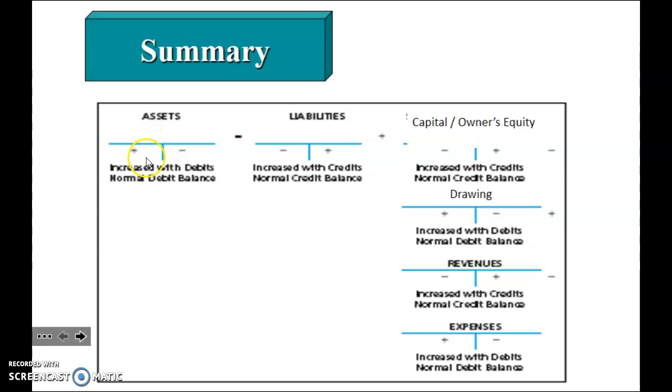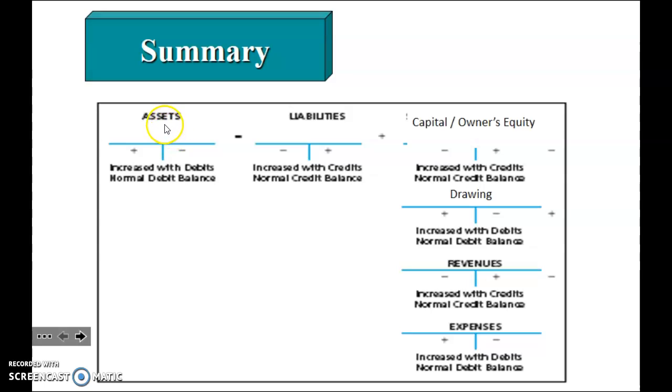The left side of the T account is the debit side, and the right side is the credit side. Remember, debit just means left, and credit just means right. It doesn't necessarily mean an increase or a decrease, but it will depending on the account you have.